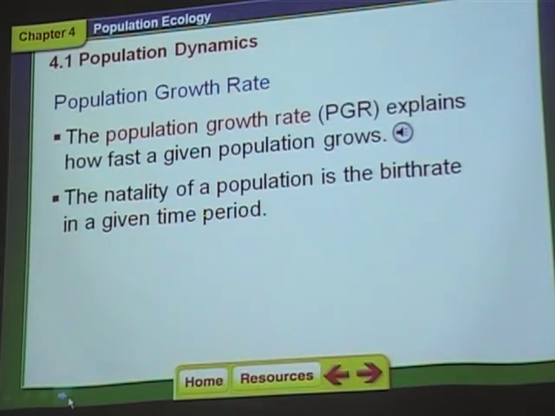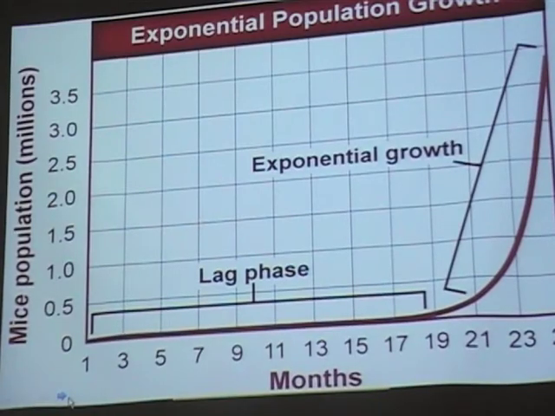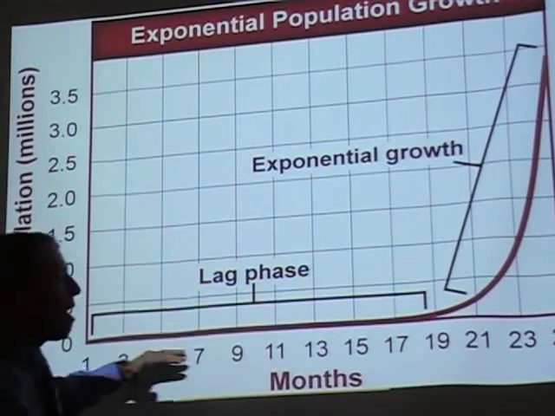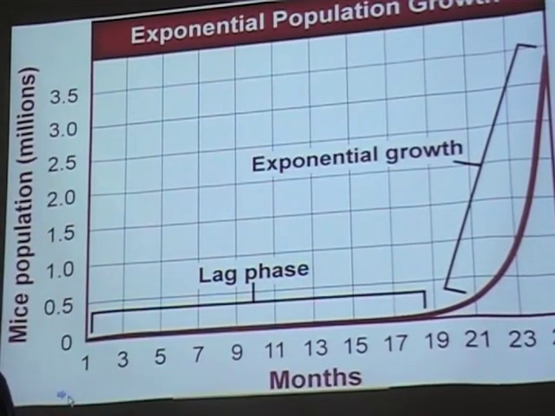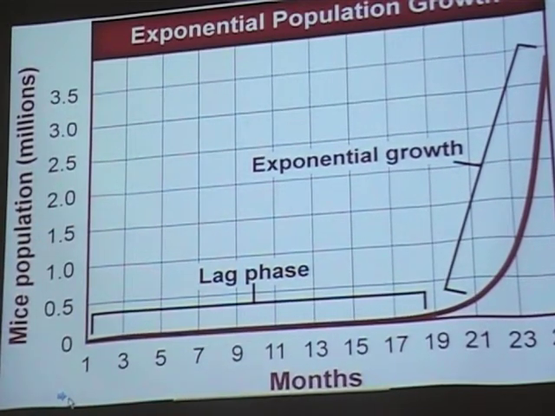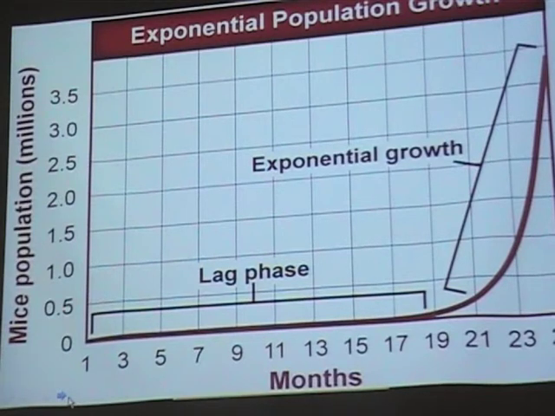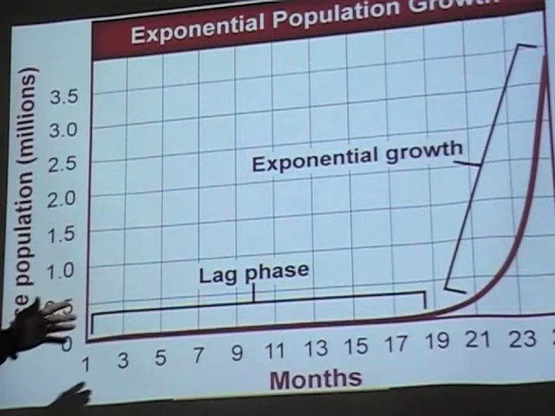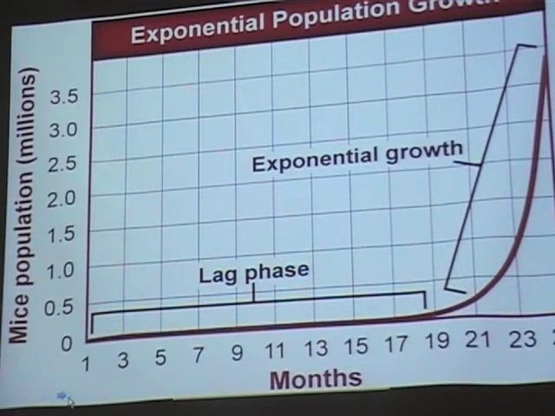And so what that brings us into, I'm skipping a little bit here, is the population growth curve. If you put a bunch of organisms in an area, in a field, let's imagine rabbits. You take a big field, throw a couple rabbits in there, and then chart their population over a given time. Or this is mice.